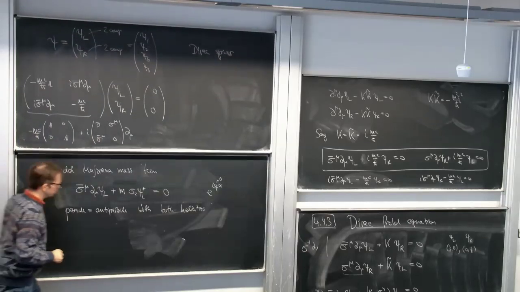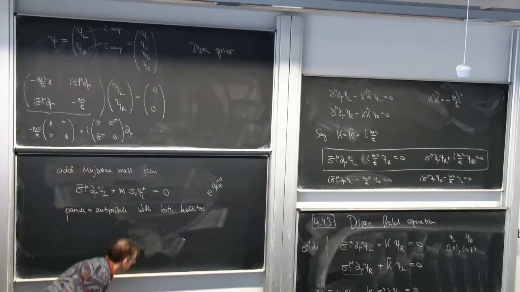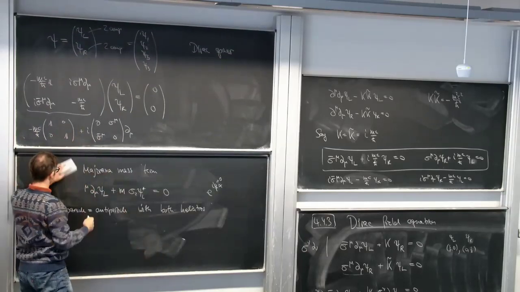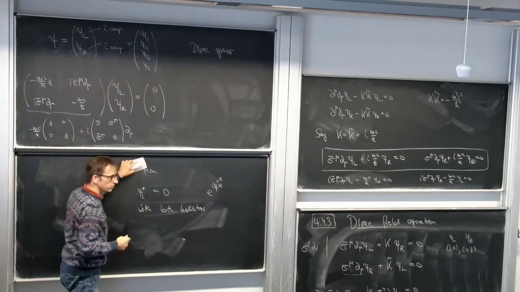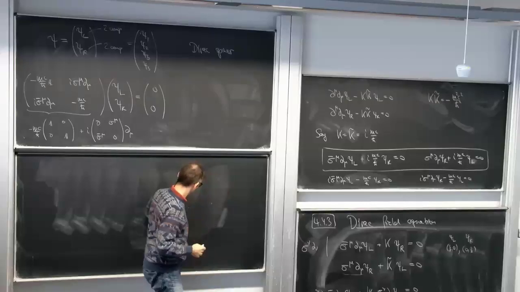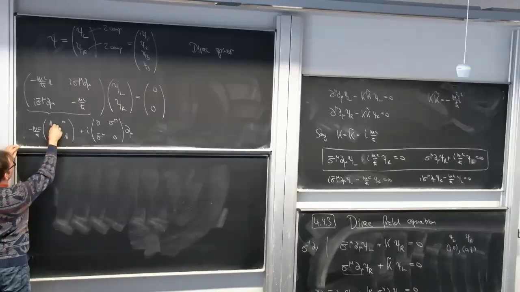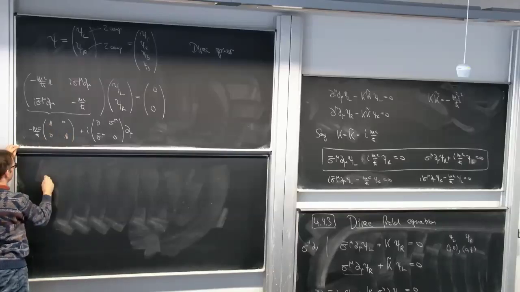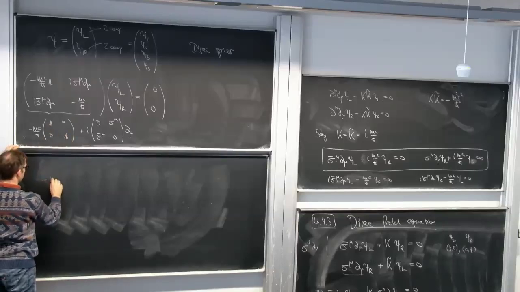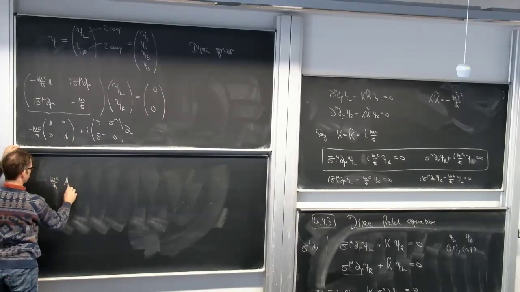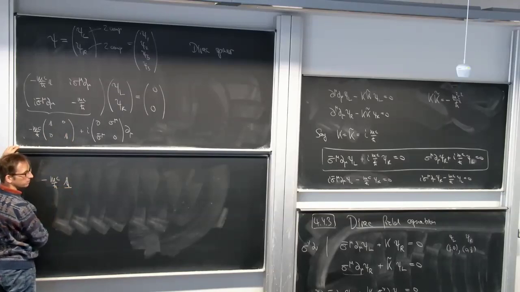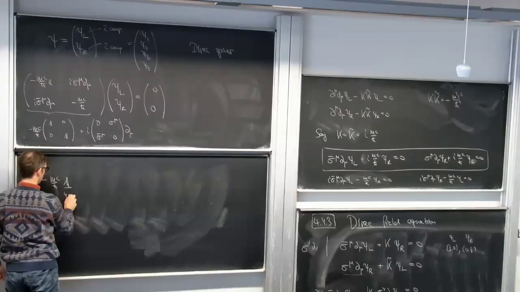And now these are 4 by 4 matrices written in block 2 by 2. So this is a 2 by 2 1. This is a 2 by 2 1. So it really is a MC over H bar big 1, 4 by 4.